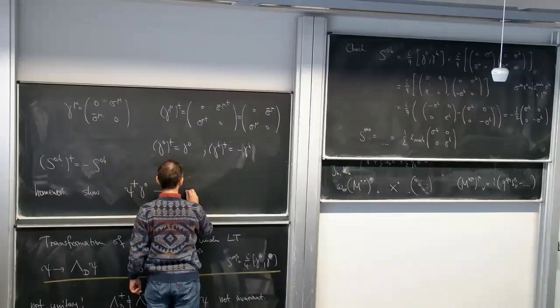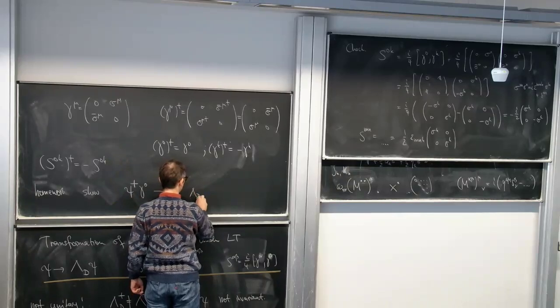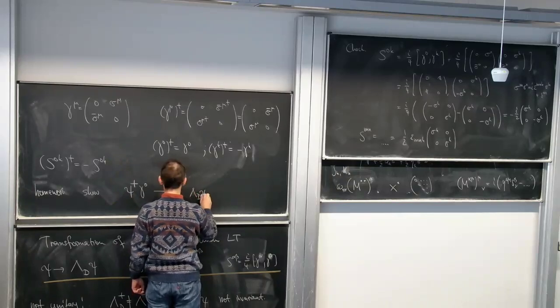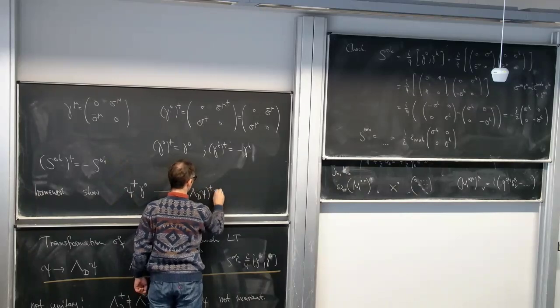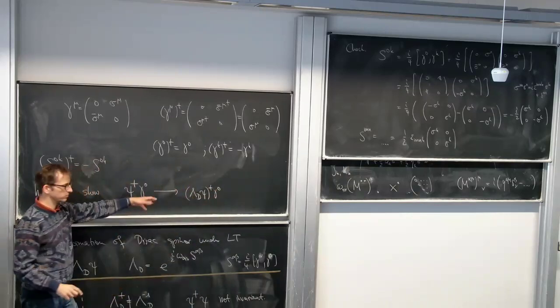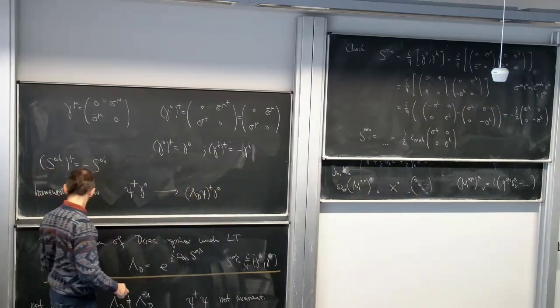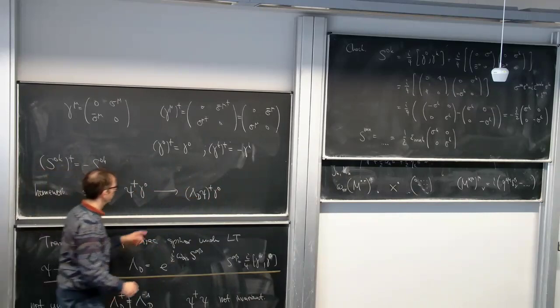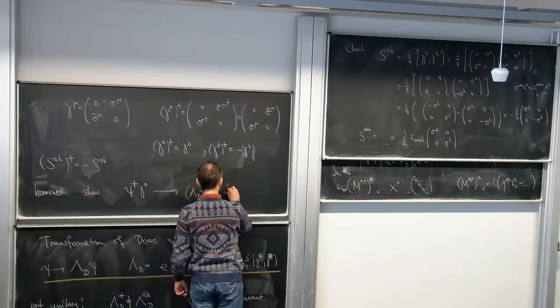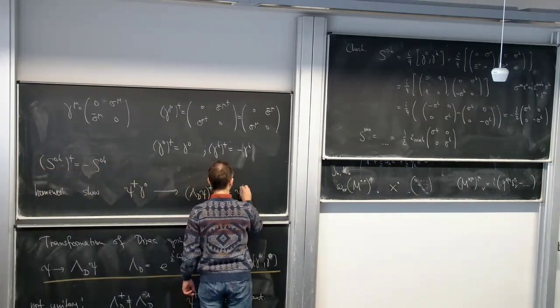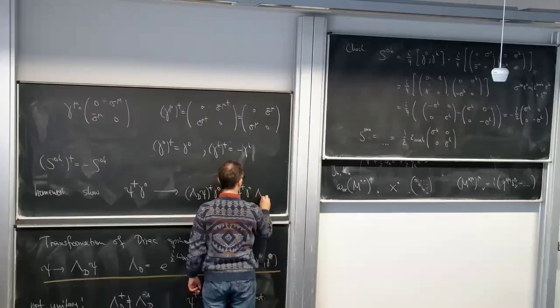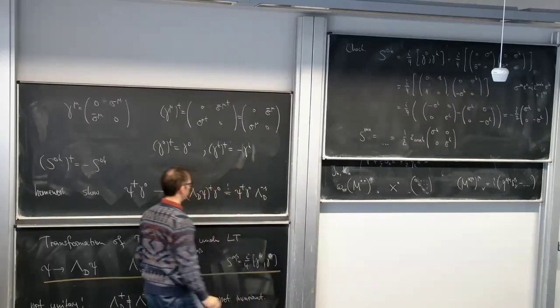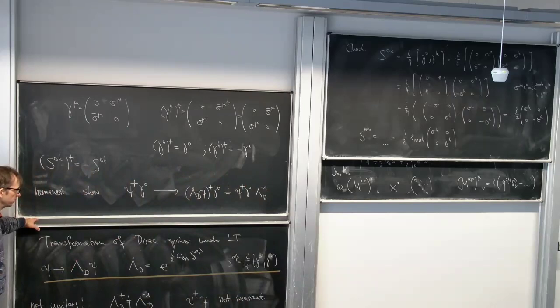So by definition, it is (lambda_D psi) dagger gamma 0. This is my Lorentz transformation. I just apply it to the psi here. And this is what you have to show: this is psi dagger gamma 0 lambda_D to the minus 1, for all of the rotations and boosts.